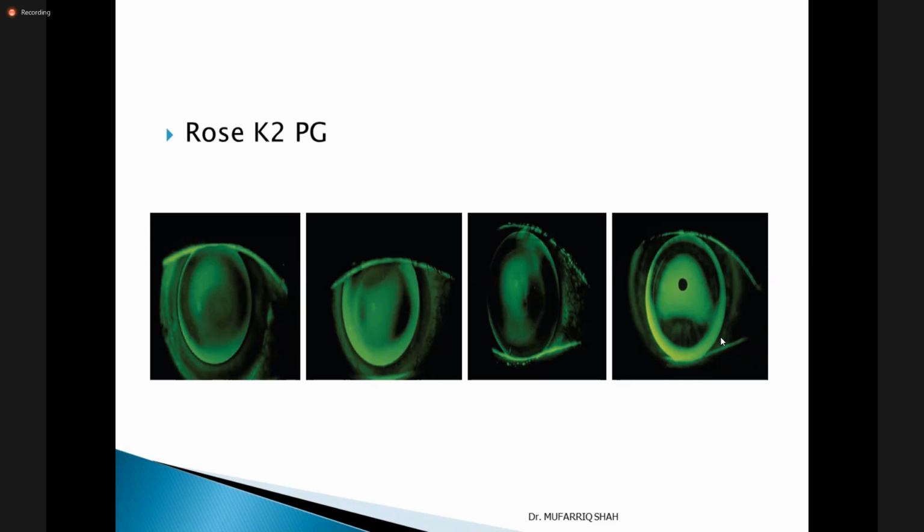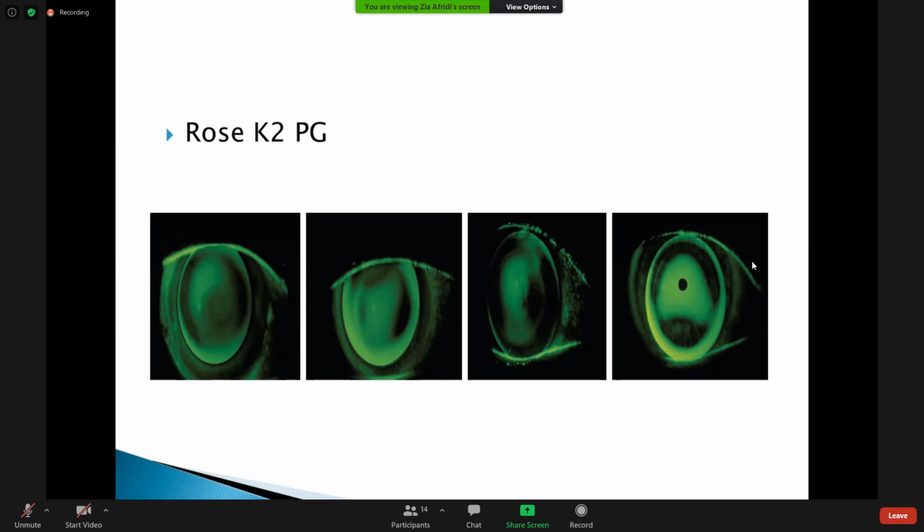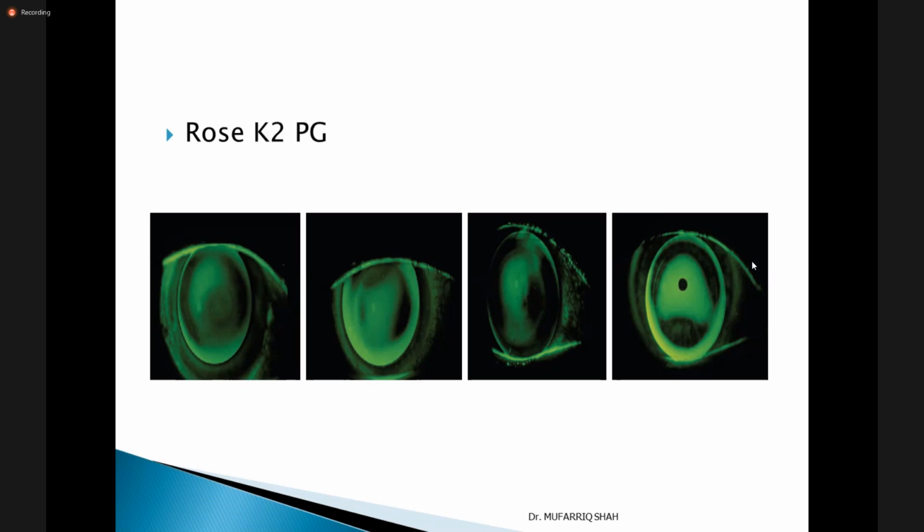If you see here, the fluorescein is much greater at the overlay. So one, fluorescein is much greater. Second, if you see the periphery at 12 o'clock, 3 o'clock, and 9 o'clock, the periphery is good. But at center, the pooling is much greater. Even a bubble is there.